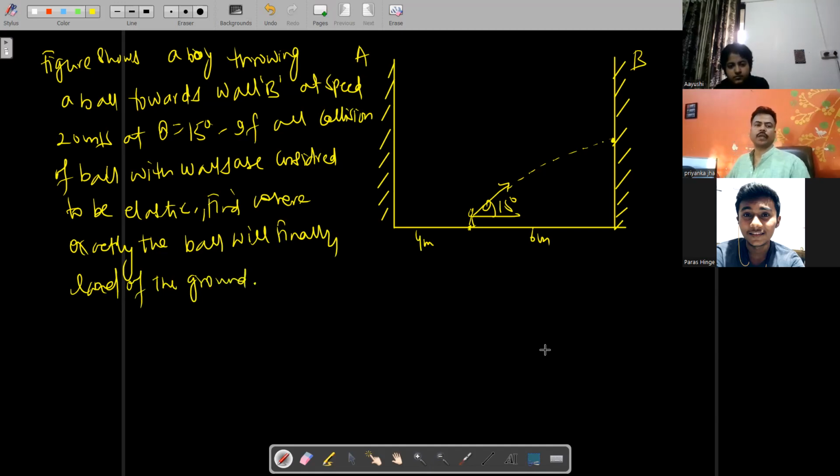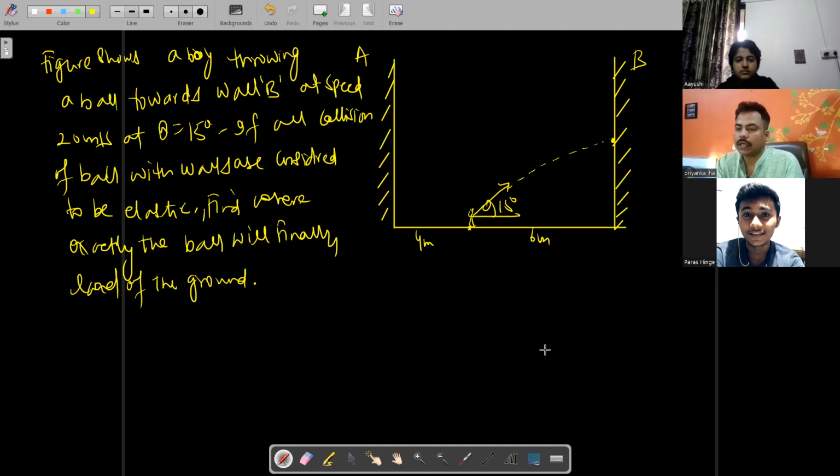Figure shows a boy throwing a ball towards wall B at speed 20 meter per second at theta equal to 15 degree. If all collisions of the ball with the walls are considered to be elastic, then you have to find where exactly the ball will finally land on the ground. Elastic collision means the speed with which it will strike the wall, it will rebound back with the same speed and at the same angle.